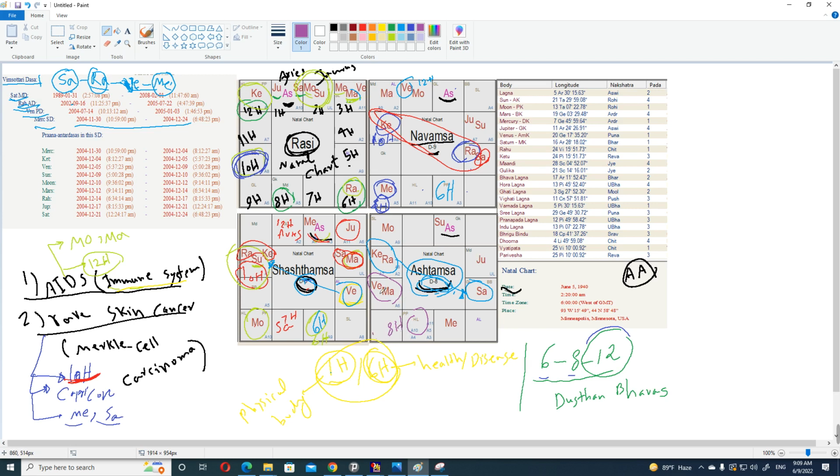Jupiter is aspecting Venus and Mars. And again, 1, 2, 3, 4, 5, 6, it is the 6th house, Libra. Again its ruler is Venus. Then you can see how it has given both disease and death simultaneously.